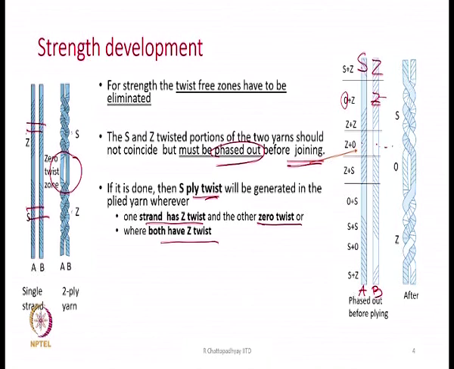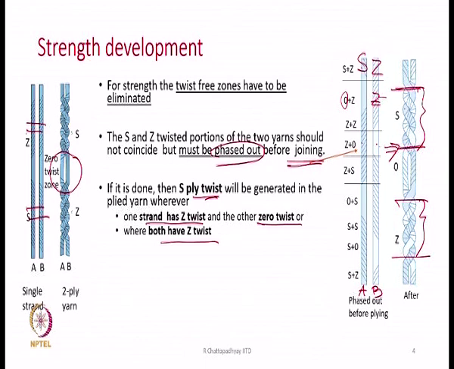If we see from here, we are going to this diagram, and if you look at this portion where we have S twist from here to there, and from here to there we have Z twist. So, the Z twisted portion and S twisted portion, these are the ply twist we are talking about. So, individual strand twist and ply twist, they are different. So, ply twist direction S extends from here to here.